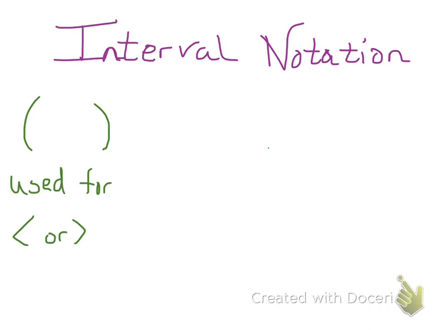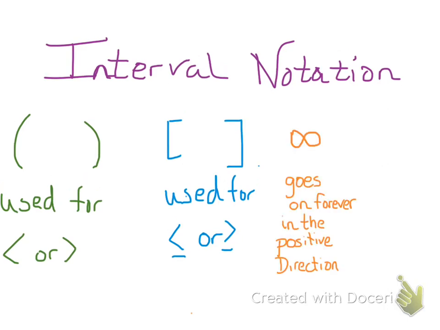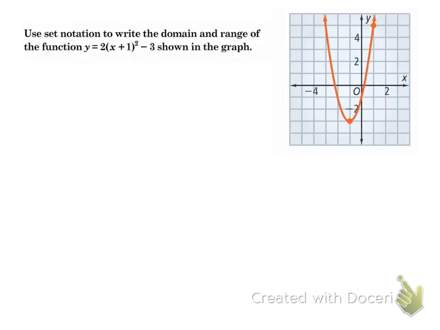Interval notation is going to have parentheses to represent greater than or less than, brackets to represent greater than or equal to, or less than or equal to. So the main difference between these two things is if you see a bracket, it can include that number. Positive infinity means it goes on forever in the positive direction, and negative infinity means it goes on forever in the negative direction. So let's practice with these.